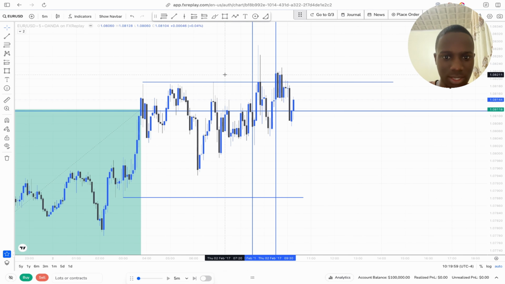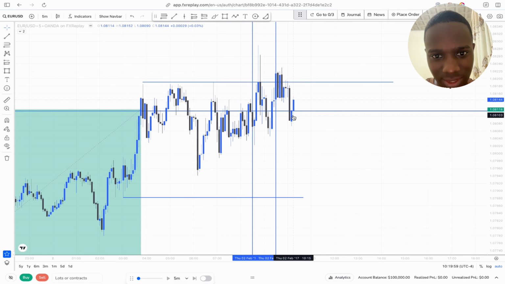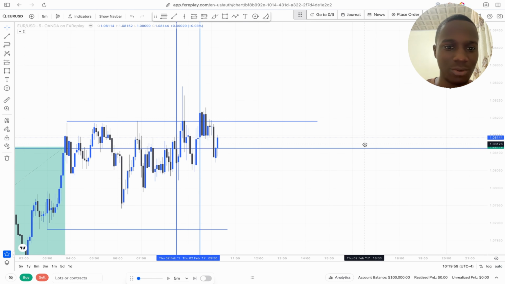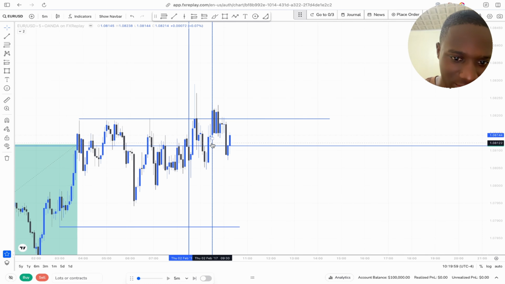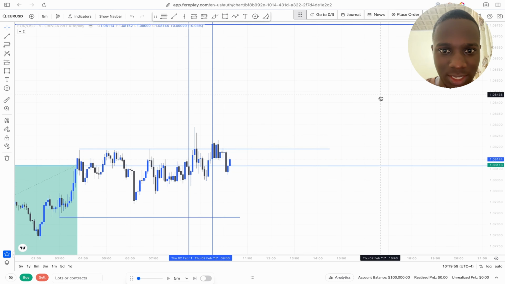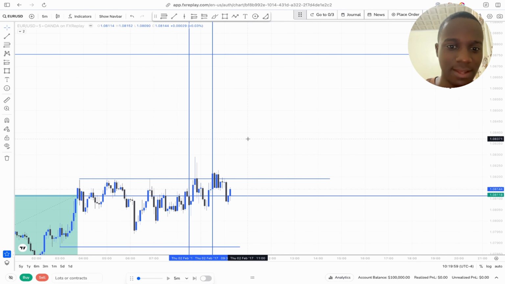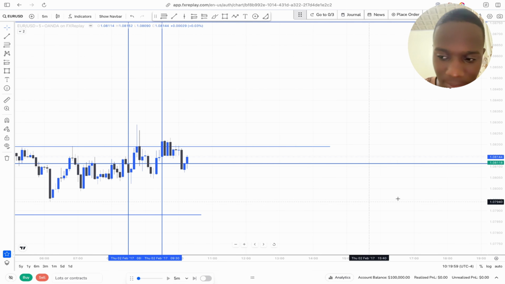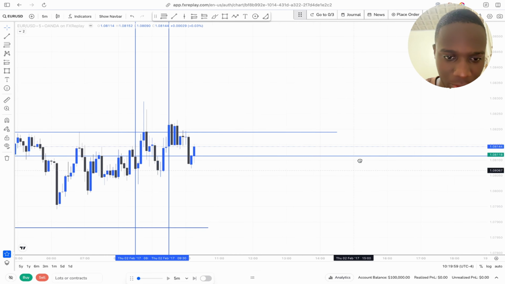So we took out these highs right here, and then after that it generated a fair value gap and it's retesting it. Should we trust this? I wouldn't advise that, but since our bias is bullish, we can notice that we have this fair value gap which was tested right here, and this will give us a potential that the market is trying to go a bit higher. So let's wait for what the market is about to show.